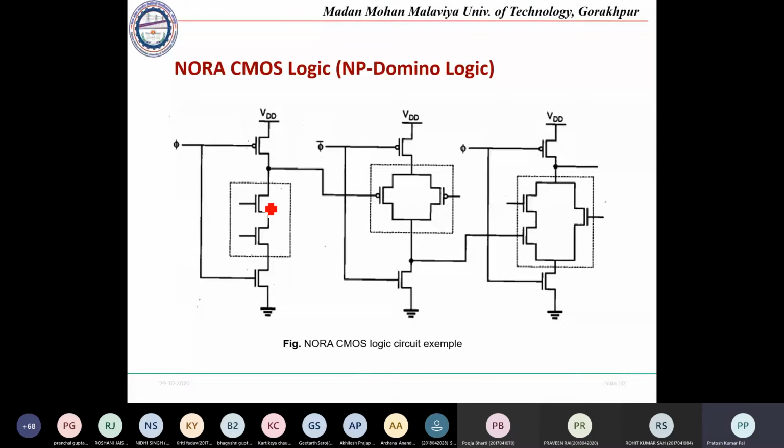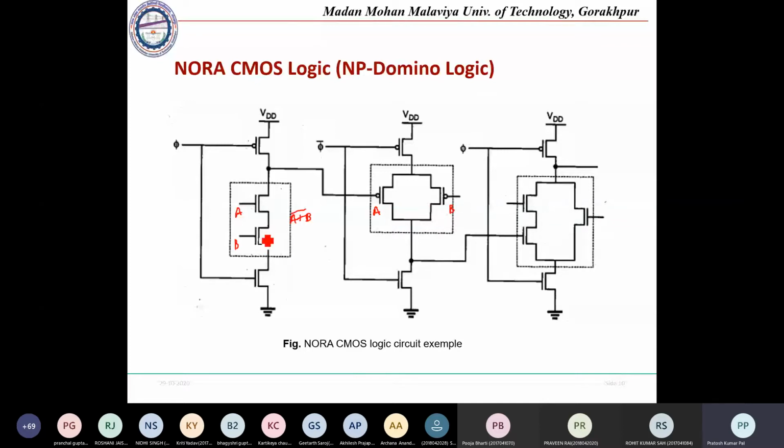So here a NAND logic is being implemented. Suppose this is A, B is there, so A plus B logic will be implemented here, and this first stage will be connected to the second one. The second one has a PMOS logic that is in parallel. Here this is A and B, and its complement will be here.